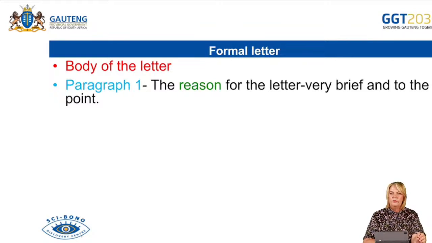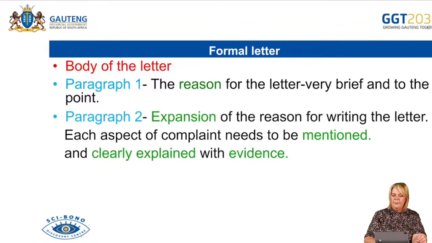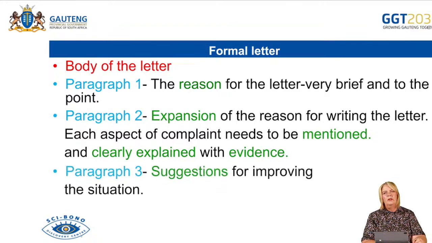So very short, straightforward, to the point. Paragraph 2 expands the reason for writing the letter, and each aspect of the complaint needs to be mentioned and clearly explained with evidence. So it's methodical. Paragraph 3 would contain suggestions for improving the situation.